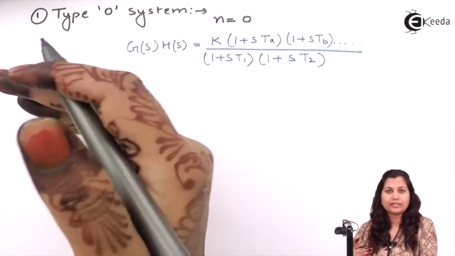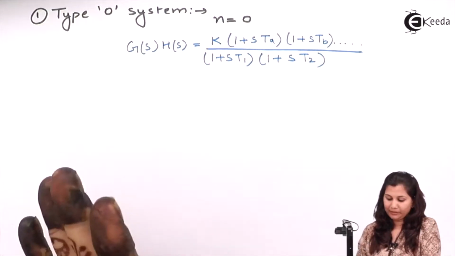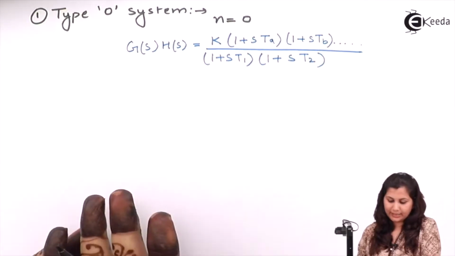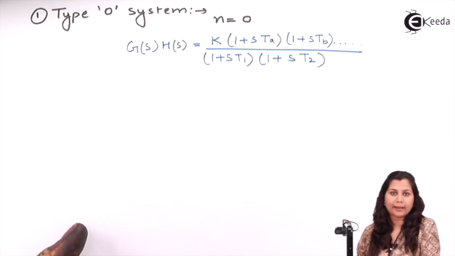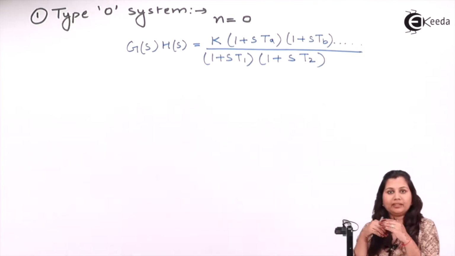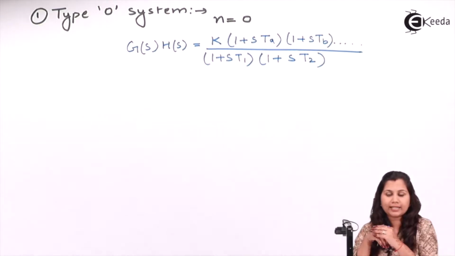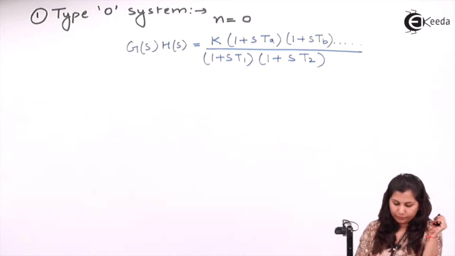Now we will see what will be the value of the steady state error for unit step input, for unit ramp input, and for unit parabolic input. Okay, so what will be the effect on the steady state error depending upon the type of the system.